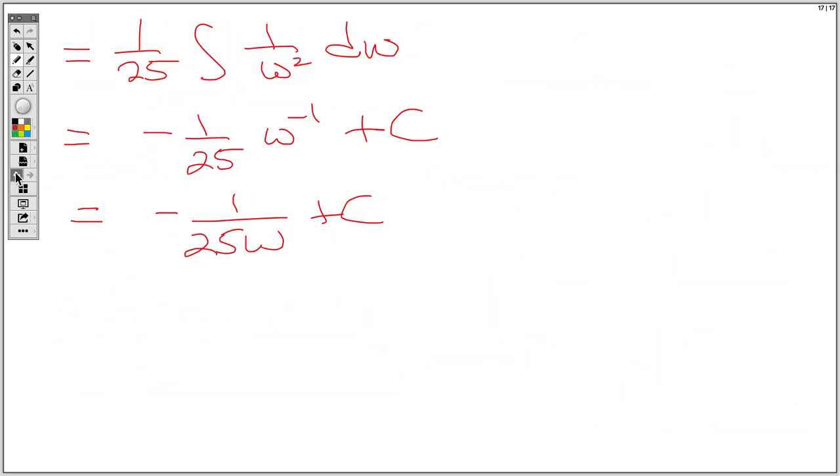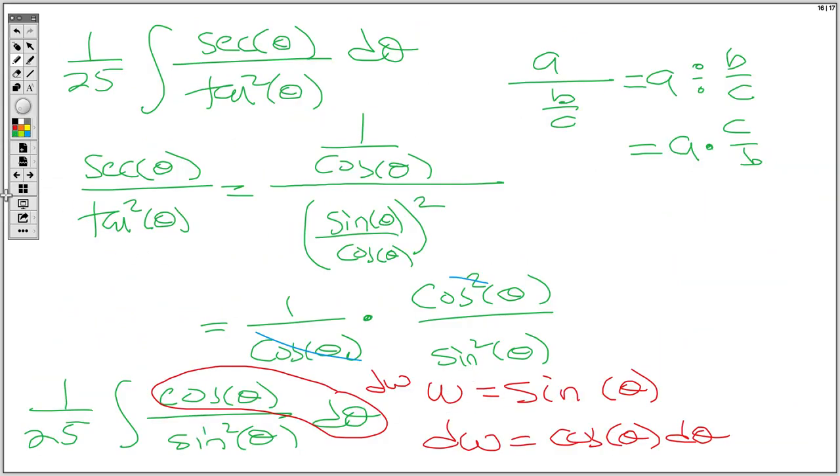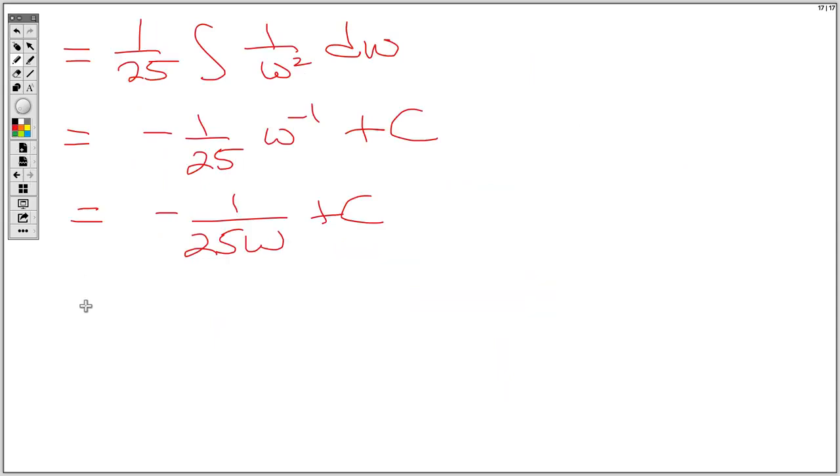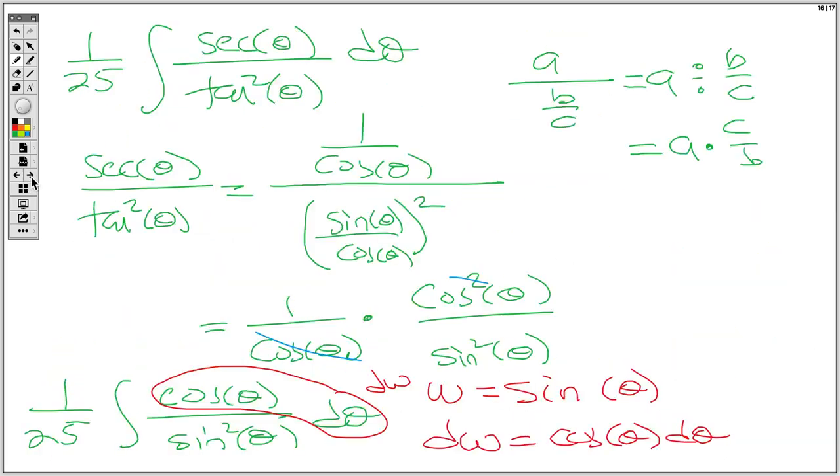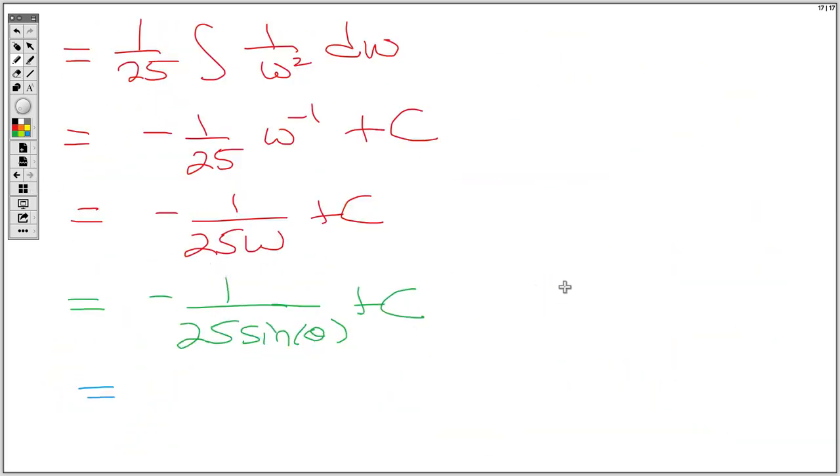First step, w was the sine of theta, so we take it back: minus 1 over 25 sine of theta plus c. And then we've got to take it back to u's. u was 5 times the secant of theta, so that means the secant of theta was u over 5.